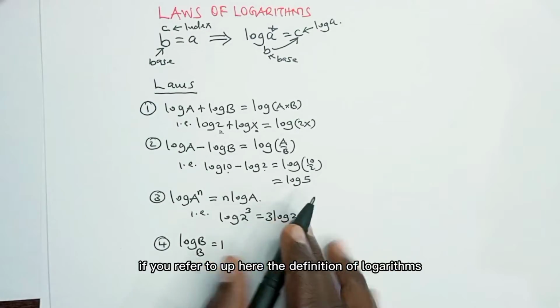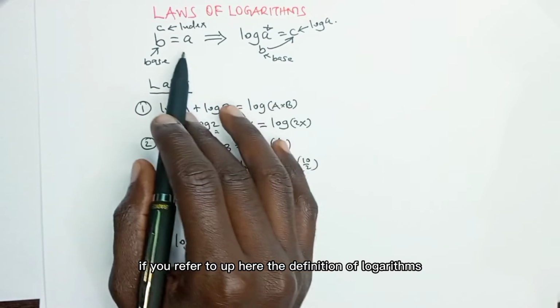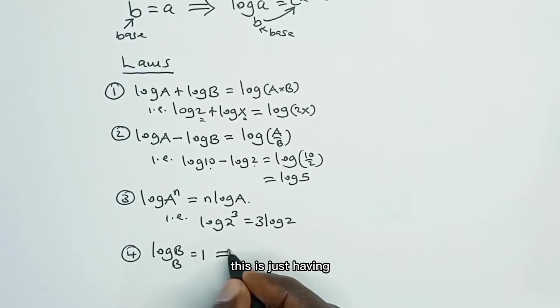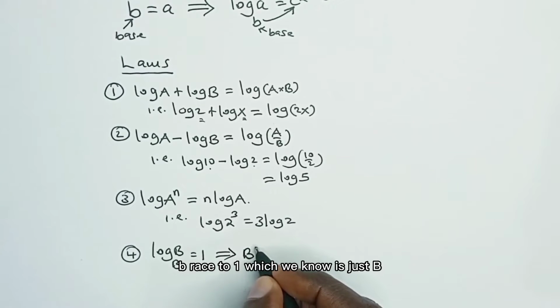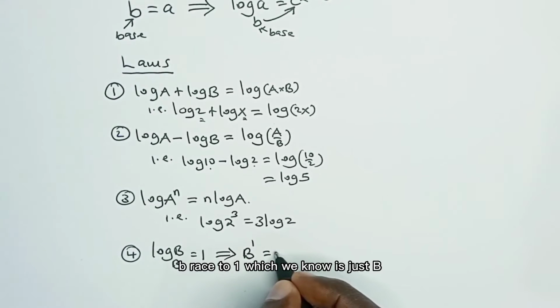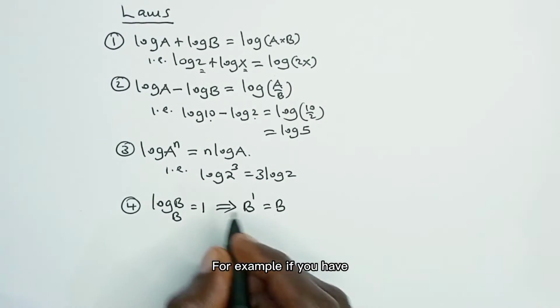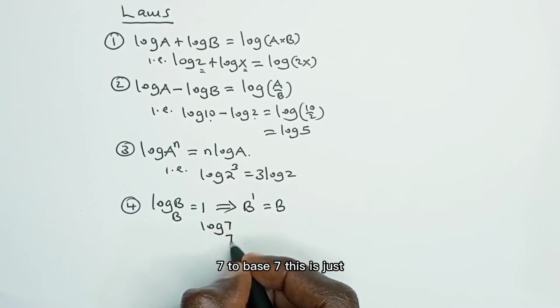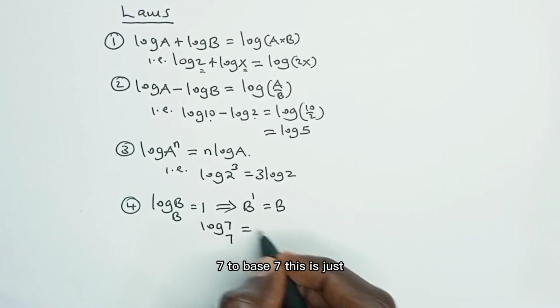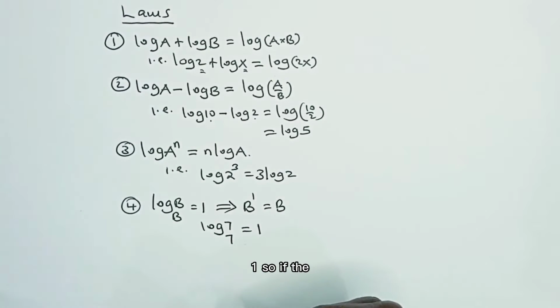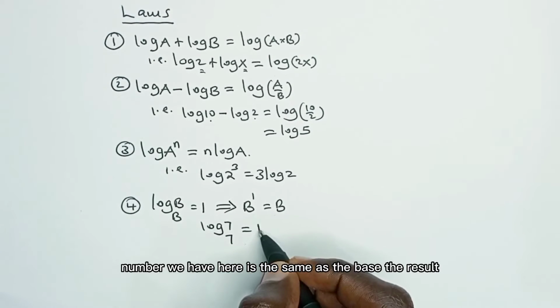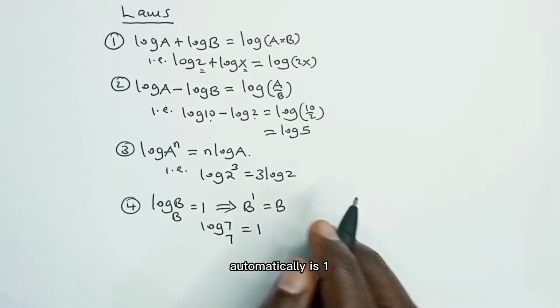If we refer to up here, the definition of logarithms, this is just having b raised to 1, which we know is just b. For example, if you have logarithm of 7 to base 7, this is just 1. So if the number we have here is the same as the base, the result automatically is 1.